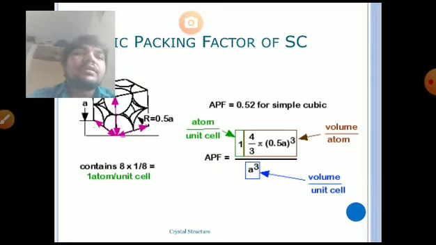APF is the volume of atoms in the unit cell divided by the volume of the unit cell, which is 1 times the volume of the atom, 4/3 pi r cubed, with r = 0.5a, so (0.5a) cubed, divided by the volume of the unit cell, a cubed.